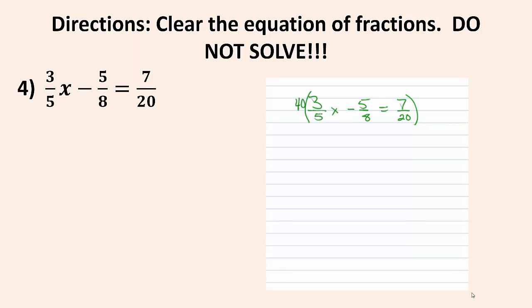Now, there's a long way of doing this, and there's a short way of doing this. I'm going to show you the long way first. 40 times 3 would be a 120 over 5x minus 40 times 5 is 200 over 8 is equal to 40 times 7 is 280 over 20.